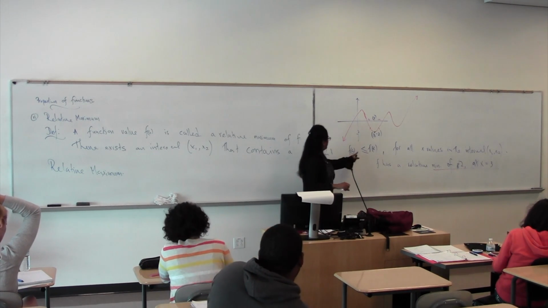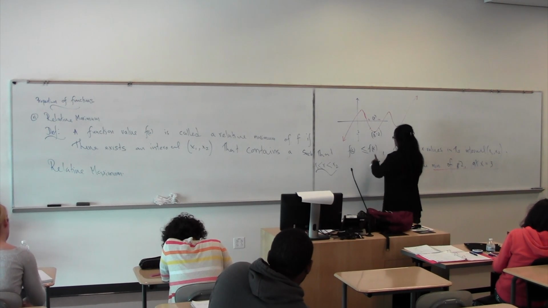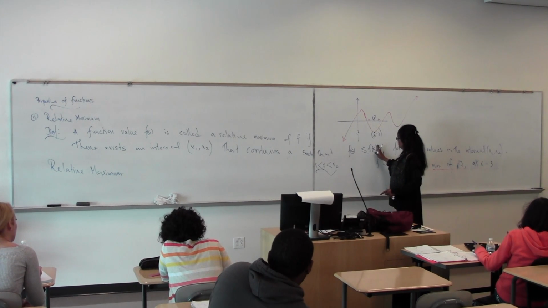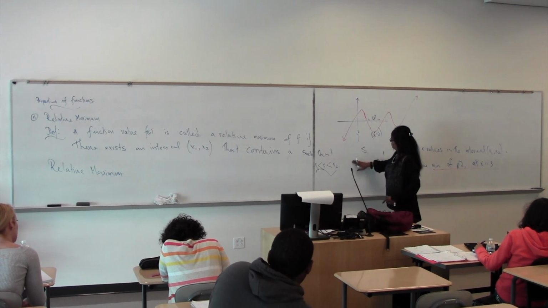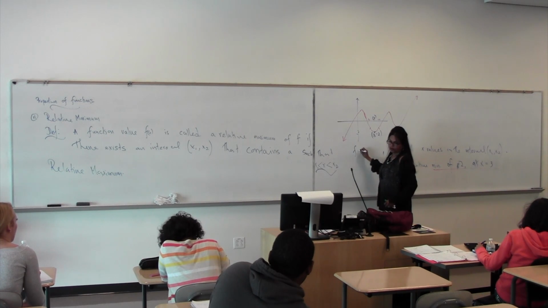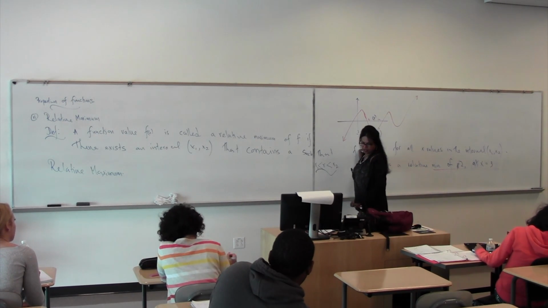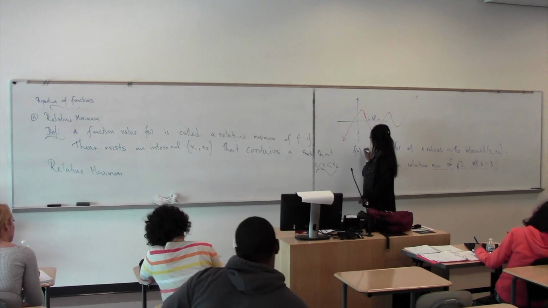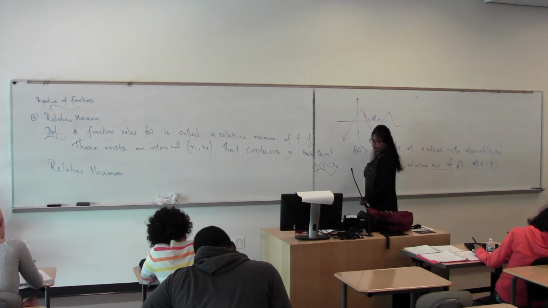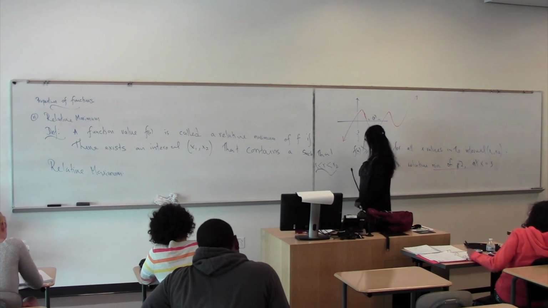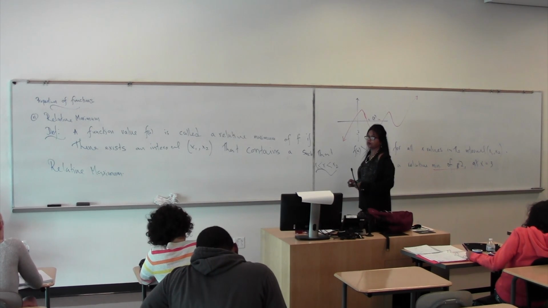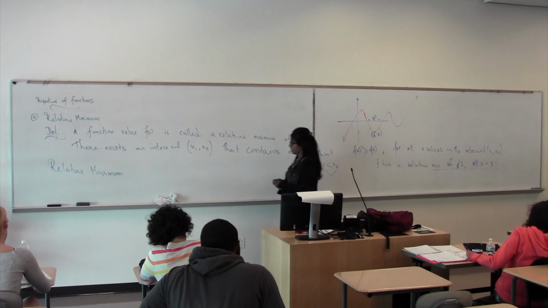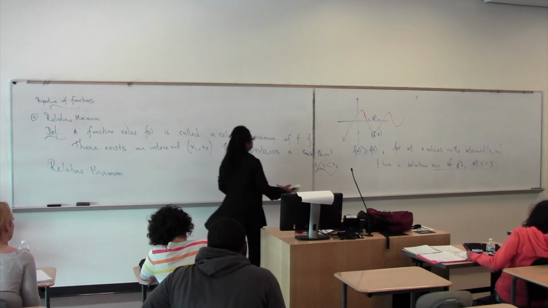For all those f of x values, here it says f of x has to be smaller. When this is a maximum, we have to say f of a is greater than or equal to f of x. Okay? So it's the same thing.